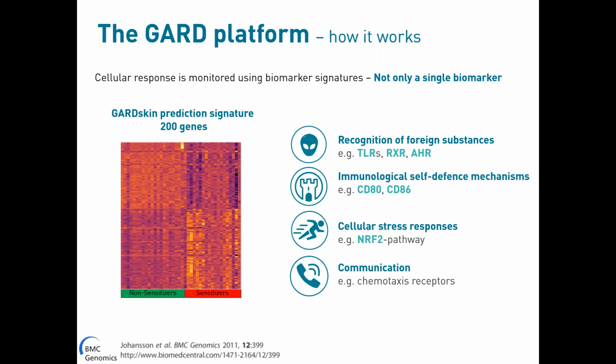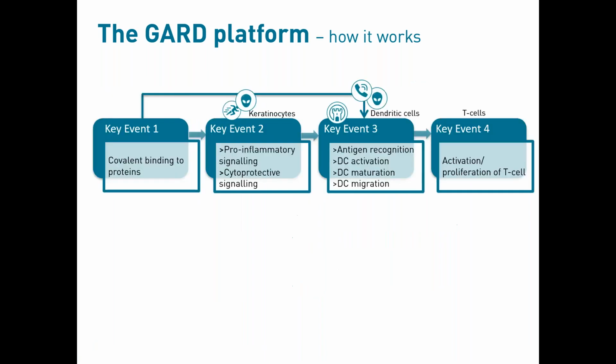We have genes that are involved in the immunological self-defense mechanism and in the cellular stress response, and also genes that are responsible for chemotaxis and communication with other types of cells of the immune system. In order to explain this in a bit more detail, it's also possible to map the 200 genes in the GARD skin prediction signature to the adverse outcome pathway for skin sensitization.